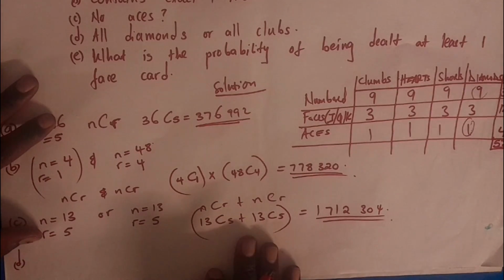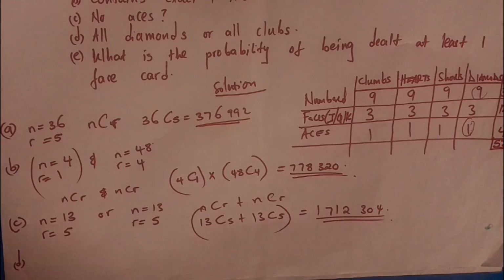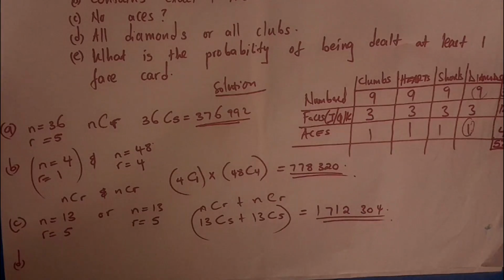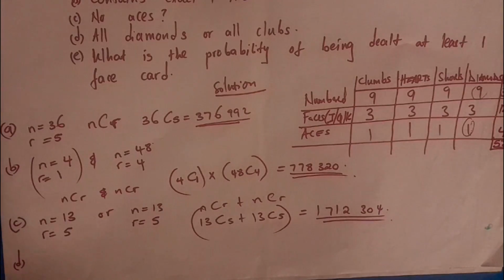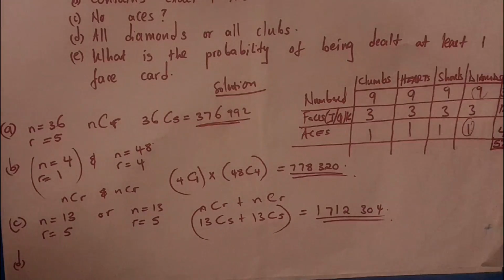Now, we know that when the question says at least 1 first card, it means 1 first card up to infinite. So it's going to be 2 first cards, 3 first cards, 5 first cards.